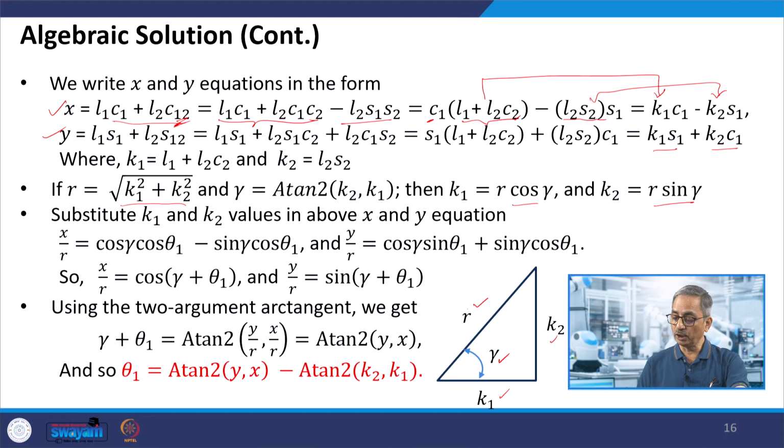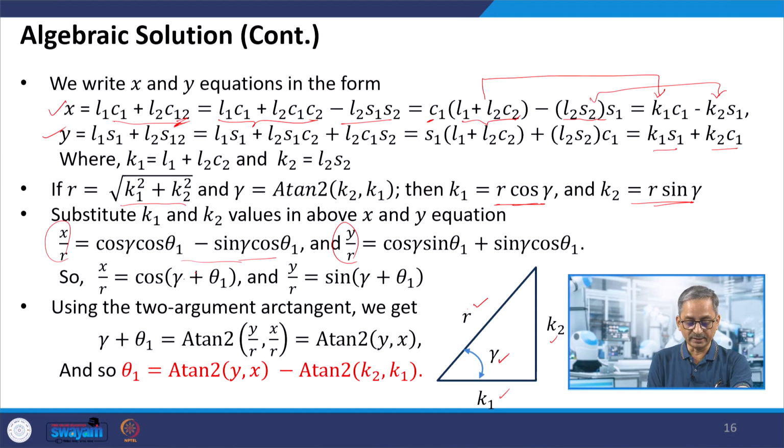All right. So, now what I do, I am doing this manipulation, as I said, in order to find out the value of theta 1. Okay. So, now I can substitute this K1 as R cos gamma here, and K2 as R sin gamma. So, this is my equation. I can get x by R from here, y by R from here. Okay.